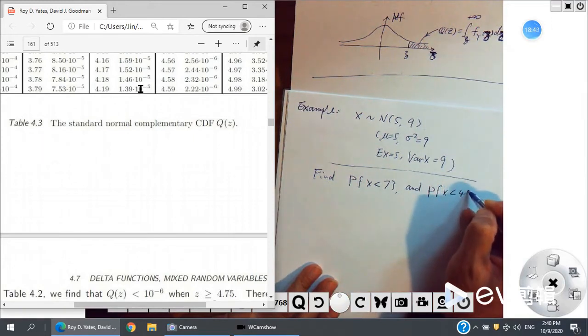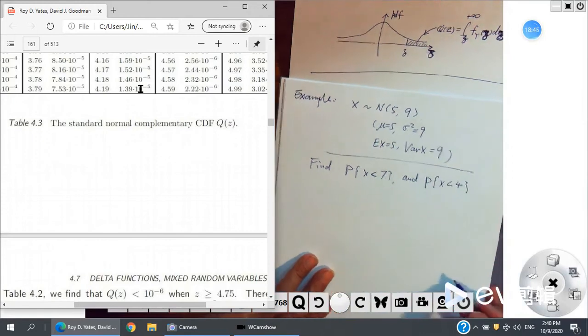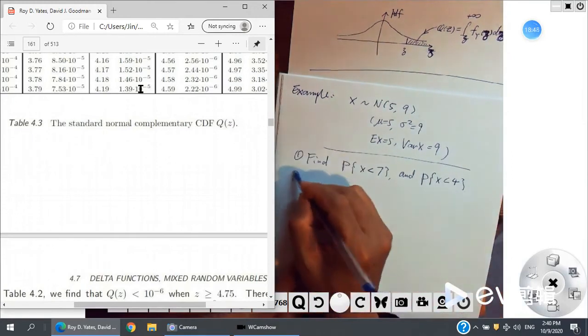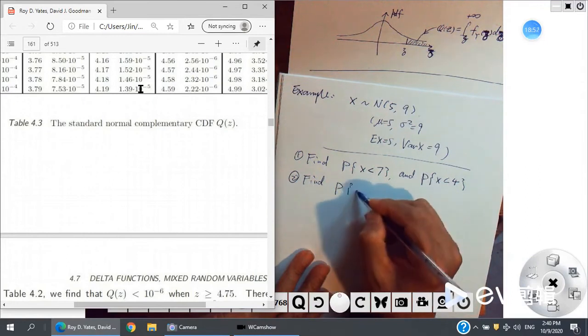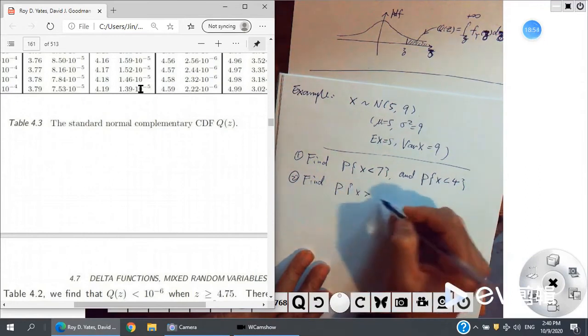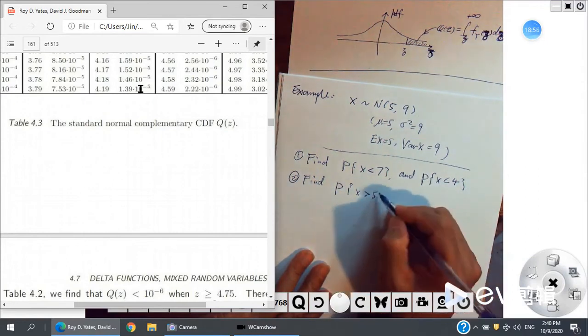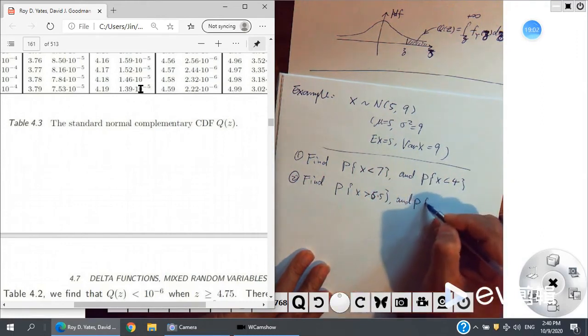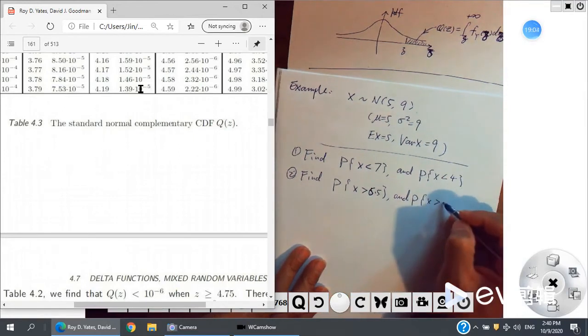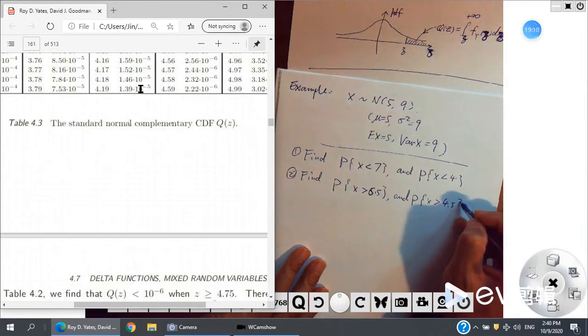I want to find this value. And second, find the probability of X larger than 6.5, and another is X larger than 4.5. Am I good? Okay, like this.